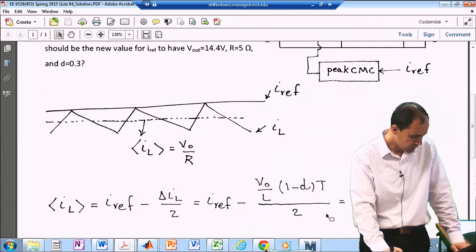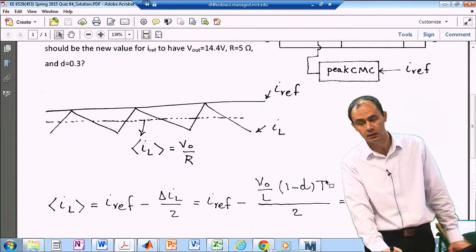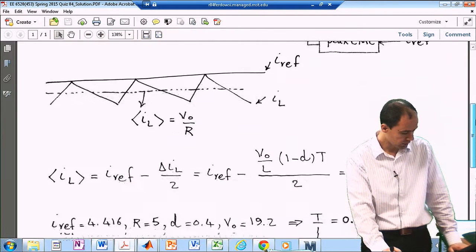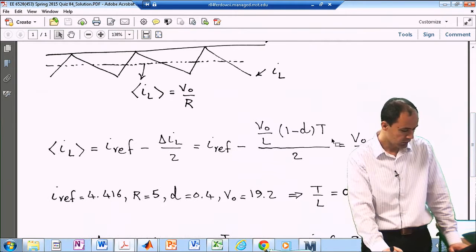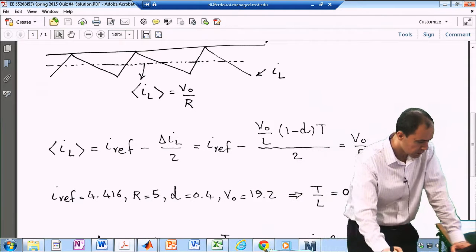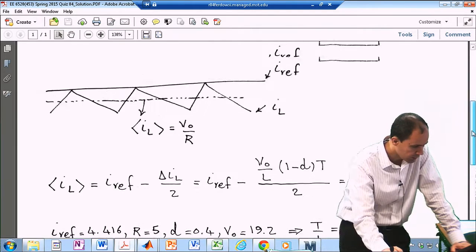So if you look at this equation, we pretty much have all the parameters except the switching period and the value of the inductor. So once you plug in all the numbers, you end up with T over L is 0.1.